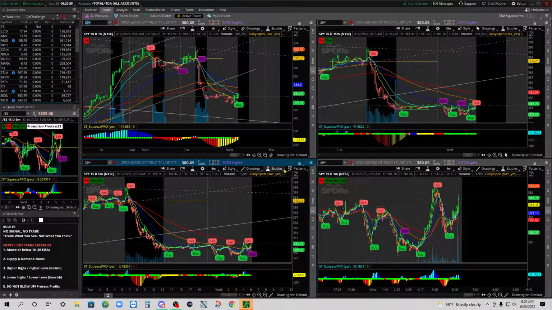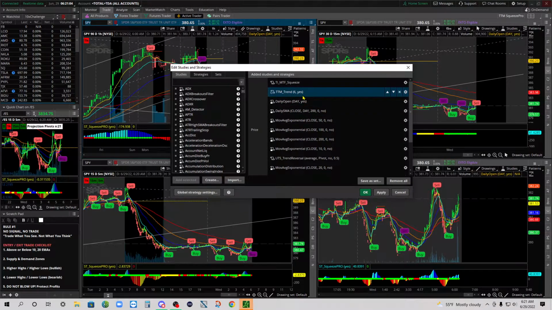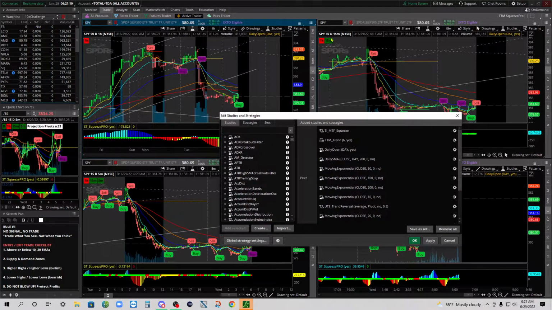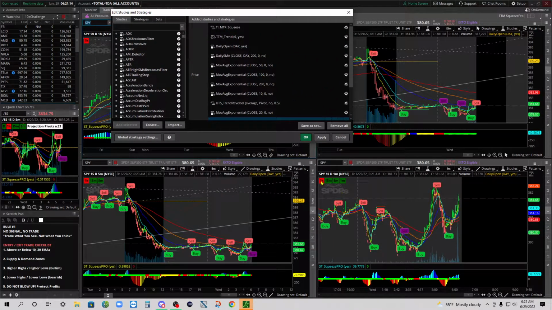And then as far as indicators, here's a list of indicators that I'm currently using. I have the multi-time frame squeeze signal, which is what you see here in the upper left corner, these little tiny boxes right here. It says the color red, green, and whatnot.